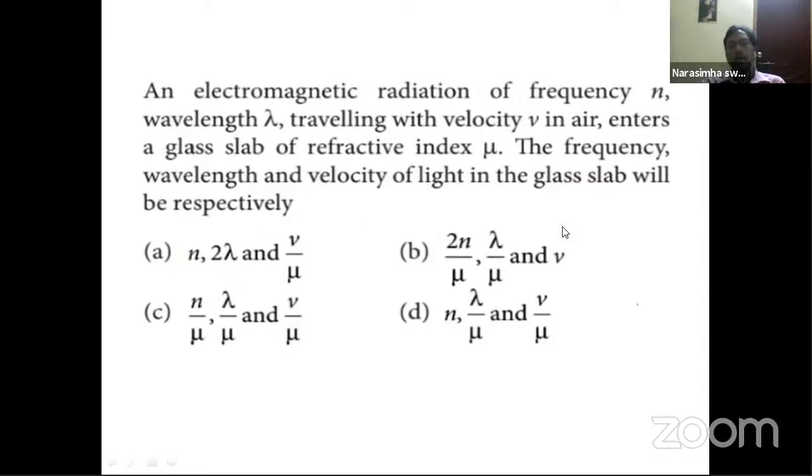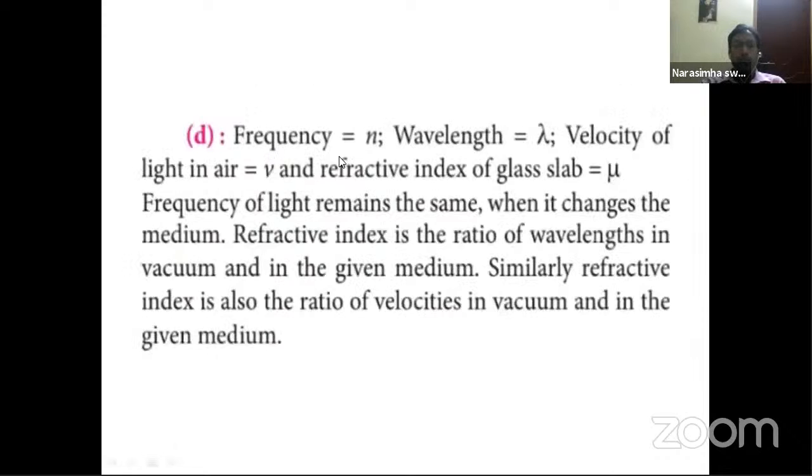Now frequency is given, wavelength is given, velocity in the air is v, and the refractive index of the glass slab is mu. So what would be the relation? See the options over here.